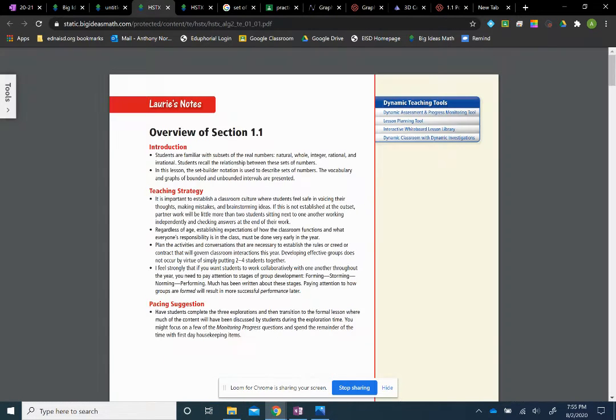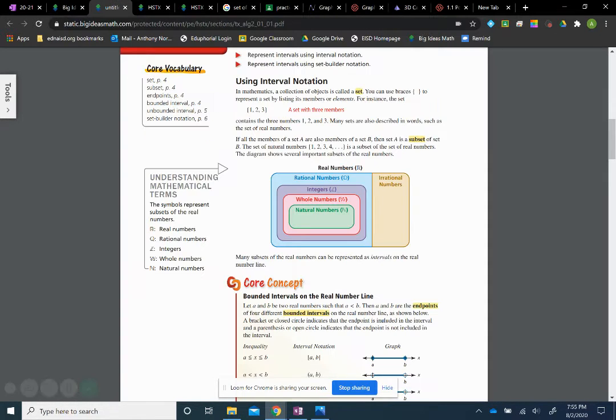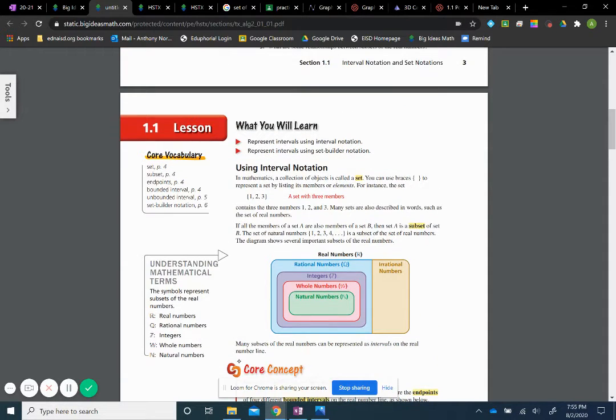The reason why I covered that first is because we're going to be talking about sets. Sets are a collection of things. You can have a set of numbers, you can have a set of keys, you can have a set of cups, you can have a set of video games. Like I do have a set of all 2Ks.